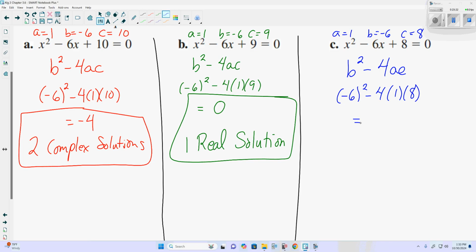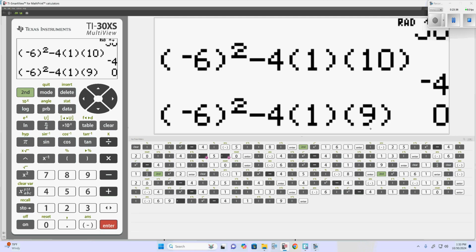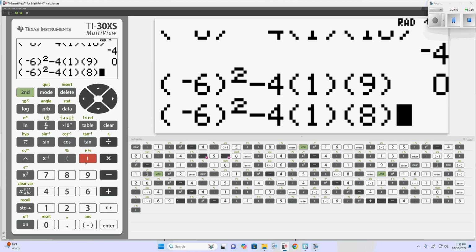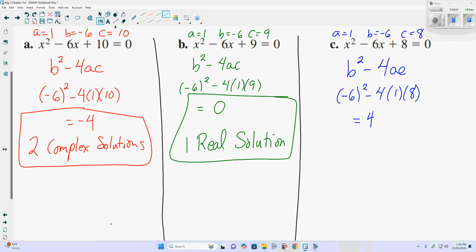So our b squared minus 4ac. -6 squared minus 4 times 1 times 8. Anybody have a guess at what this is going to be? Yeah, 4. Is indeed 4. So we have 2 real solutions.